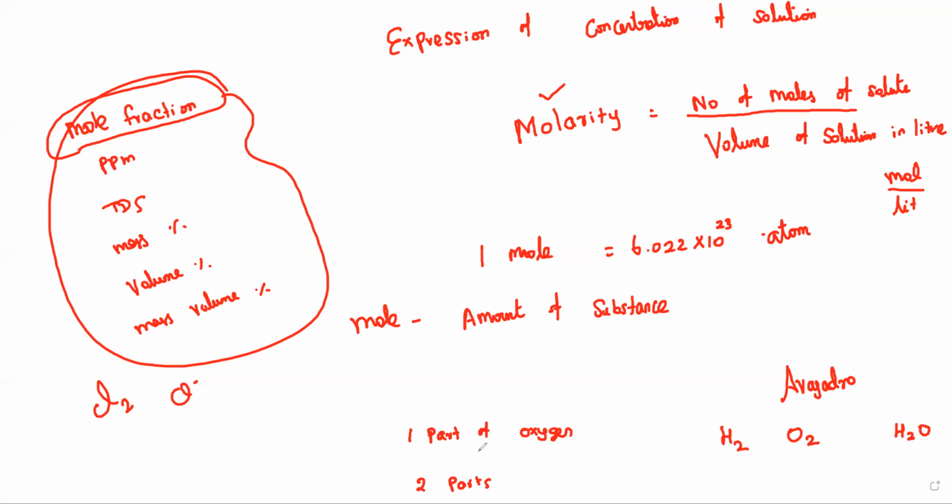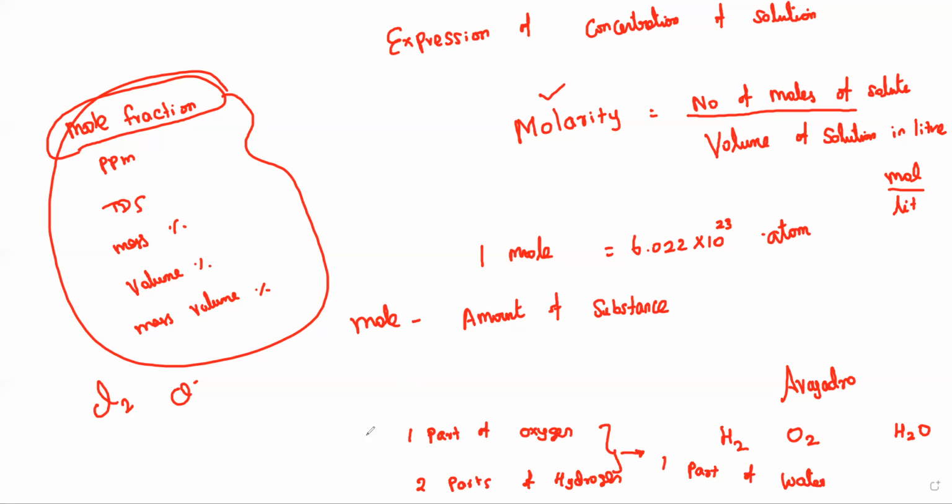So let it be 2 parts of hydrogen to produce 1 part of water. Am I correct or not? This is how the chemical reaction takes place in the formation of water. How is water formed? 1 amount of oxygen is joined with 2 times of hydrogen.